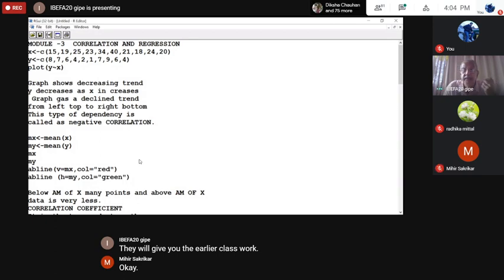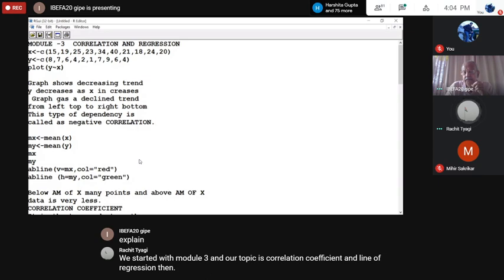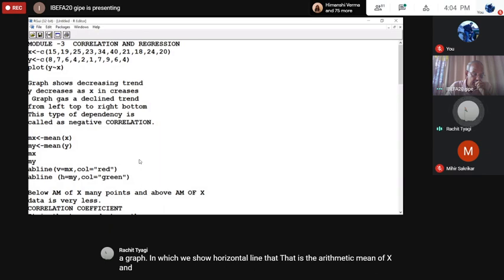Rachit Tyagi. Yes, sir. Do you follow today's class? Yes, sir. We started with module 3, and our topic is correlation coefficient and line of regression. Then we drew a graph in which we show a horizontal line, the arithmetic mean of the x variable, and a vertical line, the arithmetic mean of the y variable.